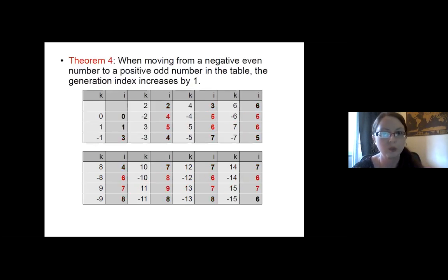That's the first pattern, and we'll go through a series of these, relating what we get when we move from one term to the next in the table. When we're moving from a negative even number, such as this -2, to a positive odd number, 3, in all of these instances, the generation index increases by 1. And we can prove these things based on the operations and how they work.